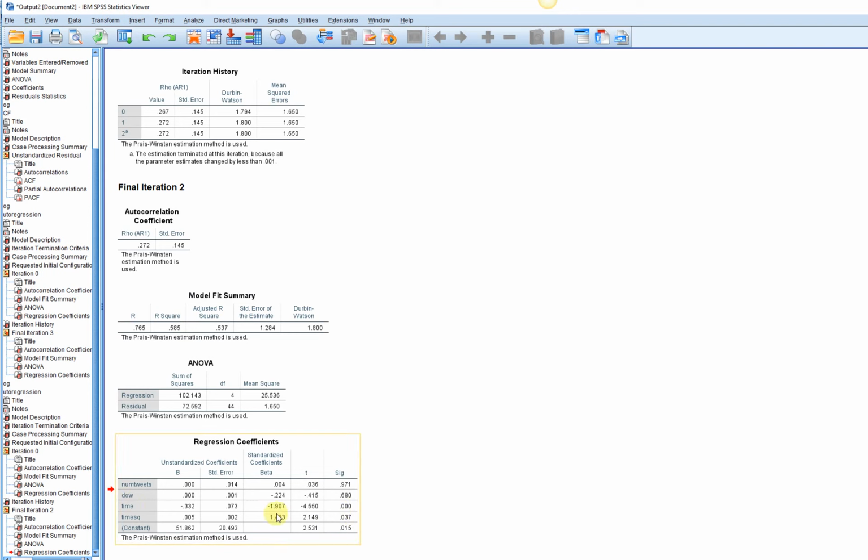And detrending just basically means you identify the trend over time associated with, say, the number of tweets and the Dow, and you essentially carry out a regression analysis with your trend variables, which might be time and time squared, as predictors, and each of these variables as dependent variables, and then saving the residuals from those regressions. So essentially you're removing the time component from the variation of those variables, and then you can include those detrended variables in the regression analysis. So you would do that for your predictors, and you could do that for your dependent variable in the model.